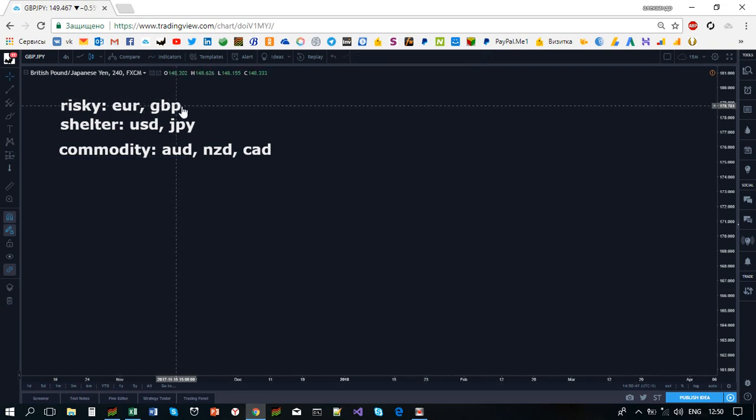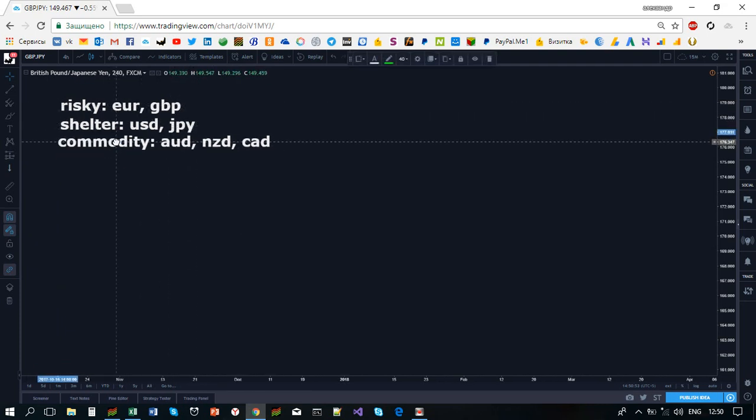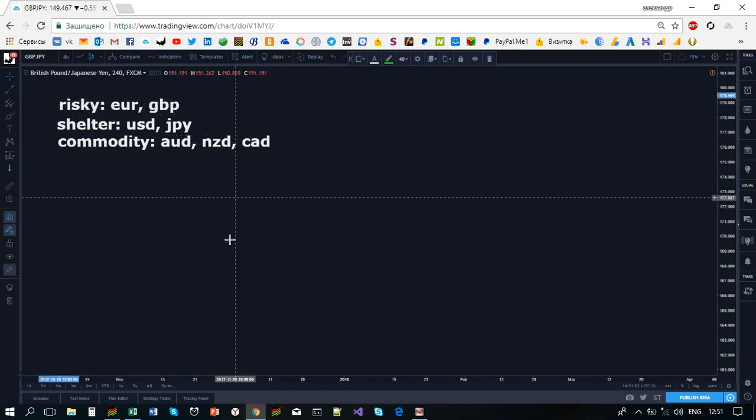Of course, here we can have Singaporean dollar, we can have Swissy, we can have other minor currencies. But to keep things simple, let's just stay within the major pairs circle.